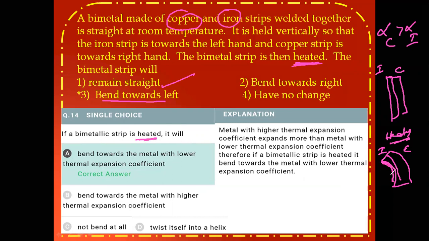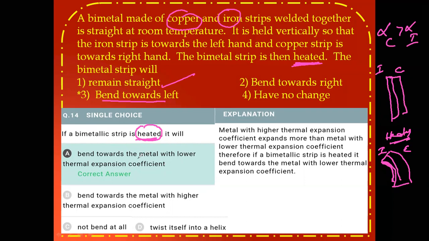Whenever the bimetallic strip is heated, the metal whose coefficient of linear expansion is more is on the convex side. That means its bending nature is less. So which will have more bending nature? The one whose alpha value is lesser.